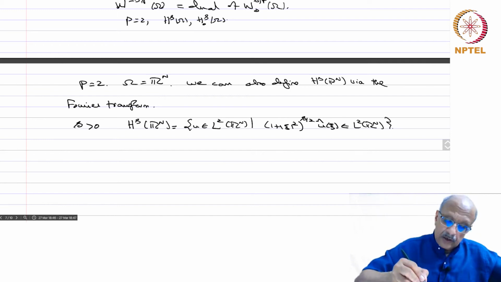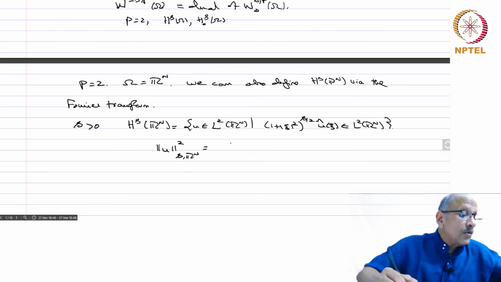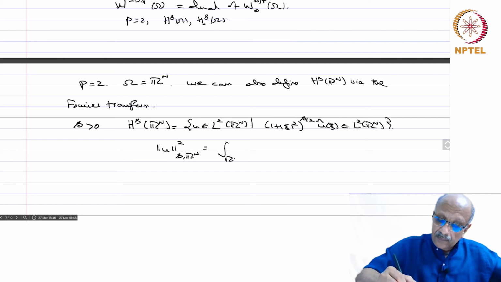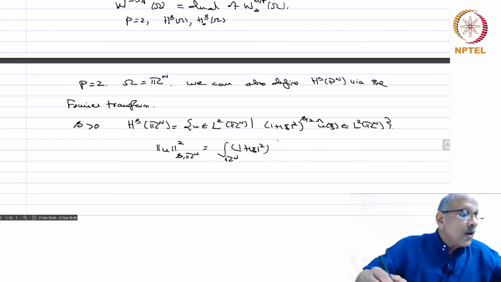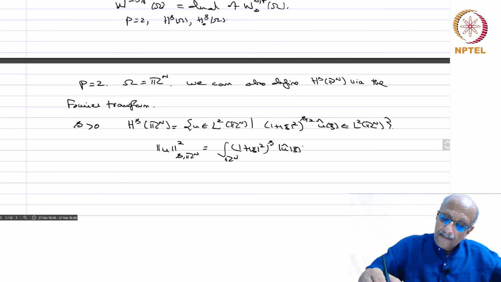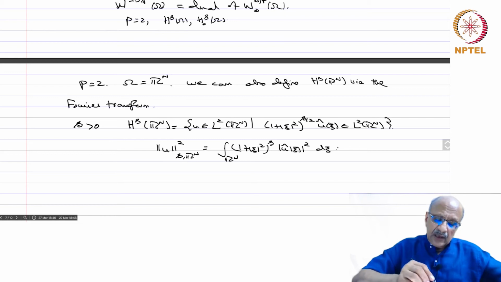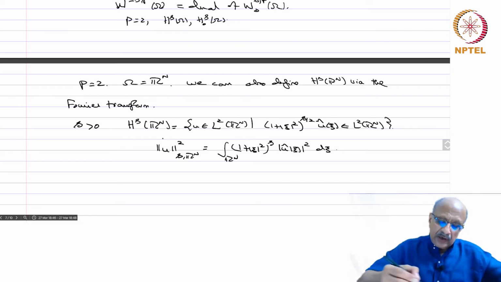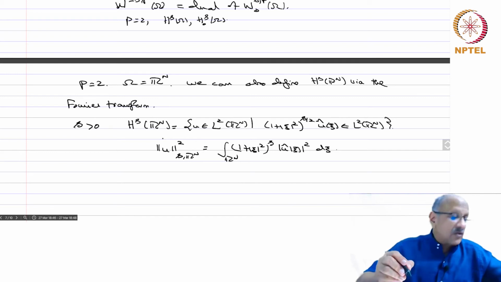And the associated norm is ||u||^2_{s,R^n} equal to the integral over R^n of (1 + |ξ|^2)^s |û(ξ)|^2 dξ. When s equals m, we have already seen this when it is an integer. So we just simply do it the same way for all s which is positive.